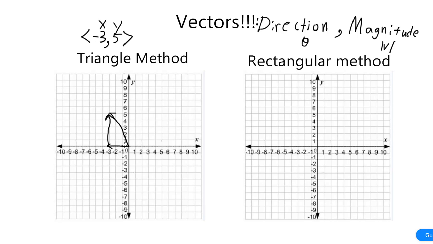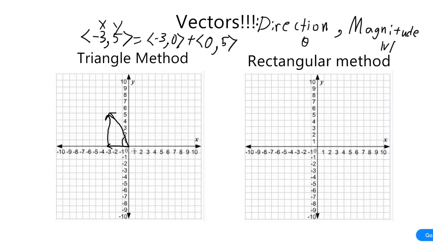So if you add the vectors -3, 0 plus 0, 5, this is one component and this is another component. We go in the -3 direction, and then we have a +5 y vector. This is the triangle method, just because we created a triangle with this.